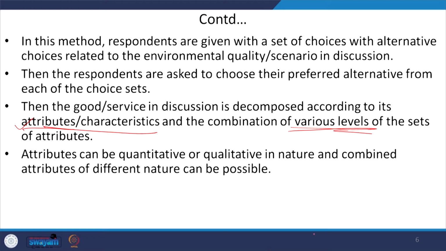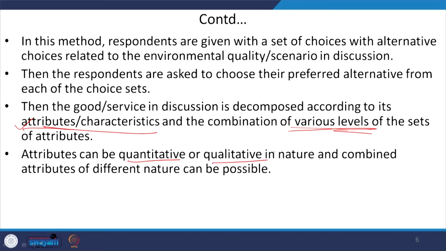In that case, you can say whether it is more frequently available or visible, or less frequently available or visible. So, taking into account these aspects, these attributes can be quantitative or qualitative in nature, and sometimes we can also combine quantitative and qualitative attributes. And it is also possible.